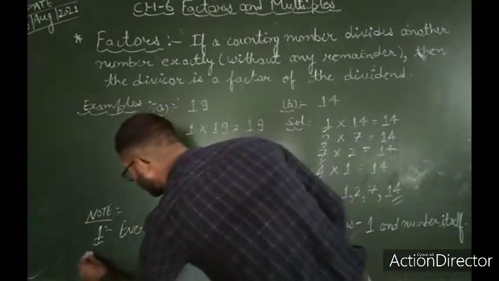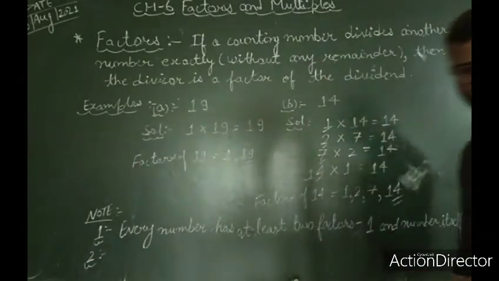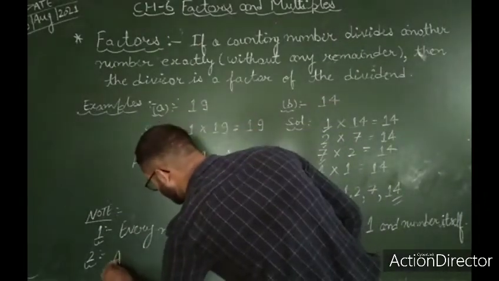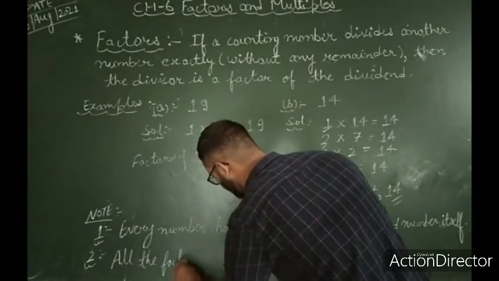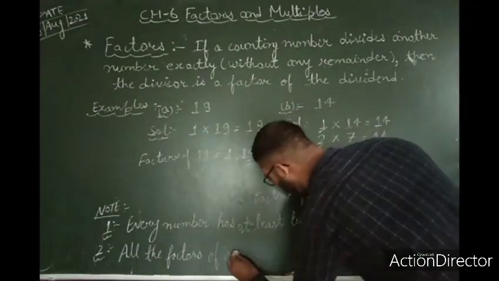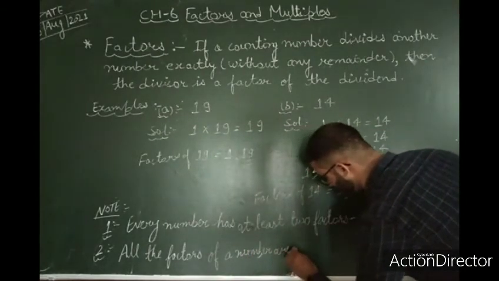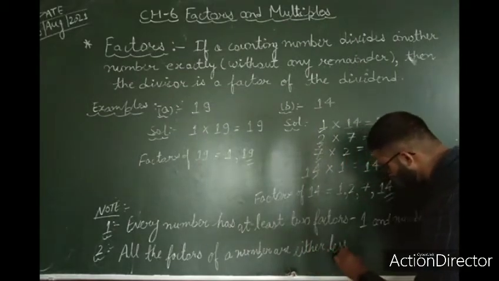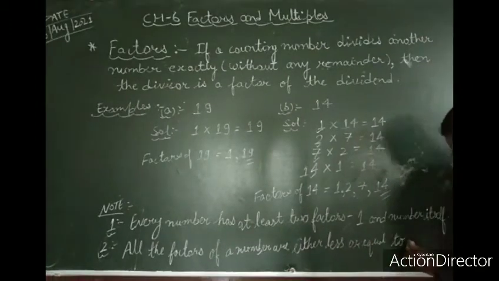The second point is all the factors of a number are either less or equal to the number.